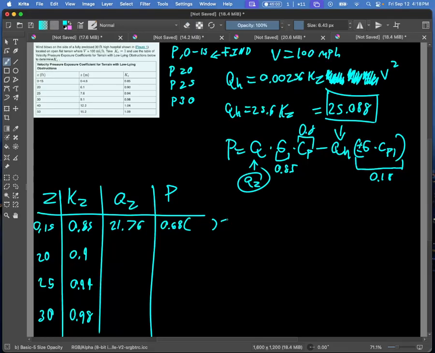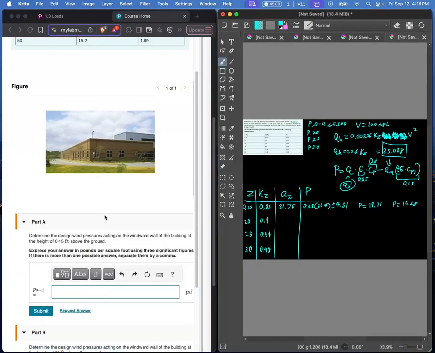So then this is going to be plus minus 4.51. So right here, let's put in 21.76. So 0.68 times 21.76 plus, so we have P equals 19.31. And then let's do the same thing, but let's subtract 4.51. And I'm getting that P also equals 10.28. So let's try it, and hopefully we're good.